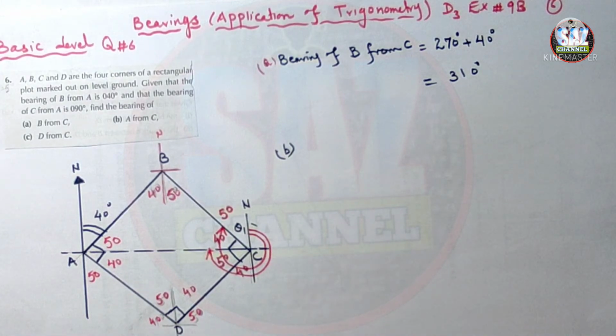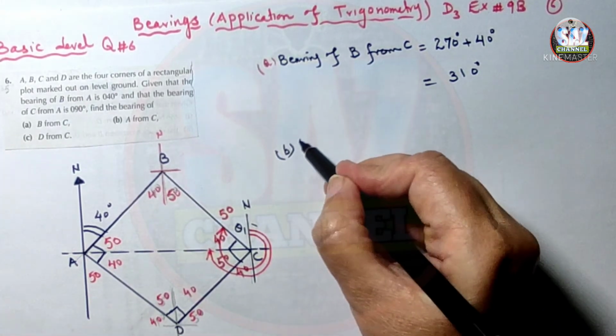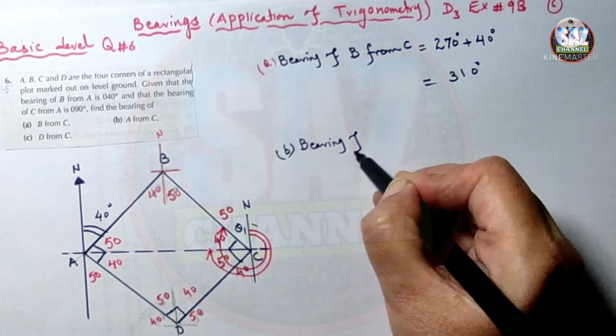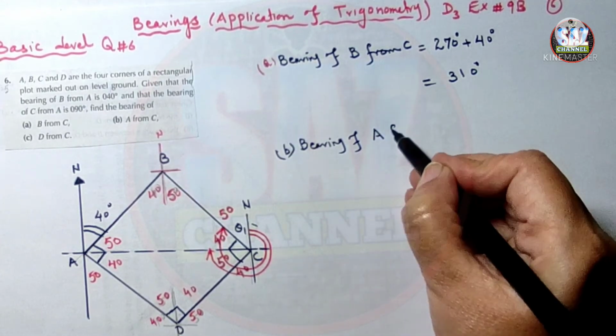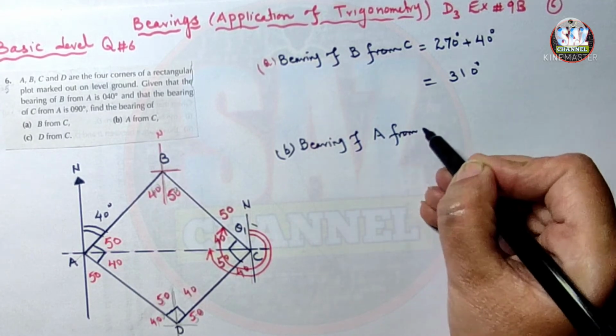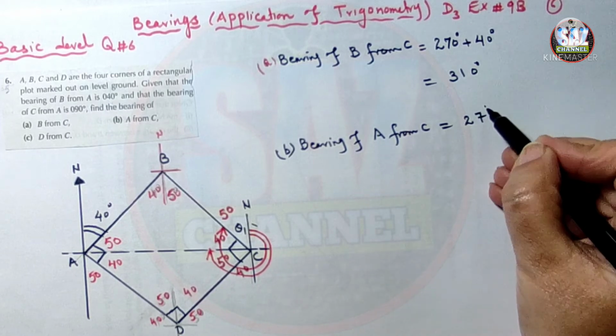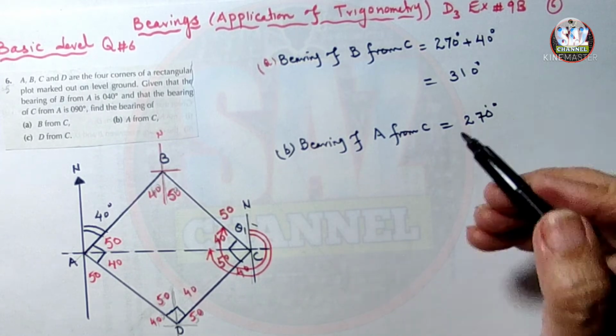So the bearing of A from C equals 270 degrees. It's a really easy question.